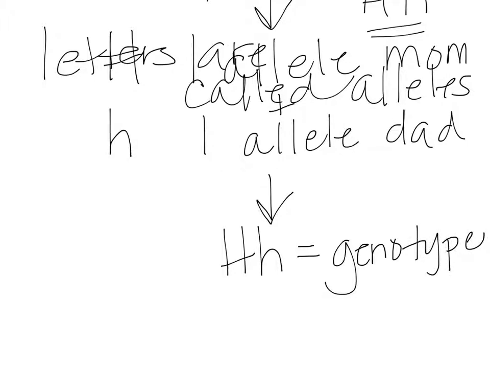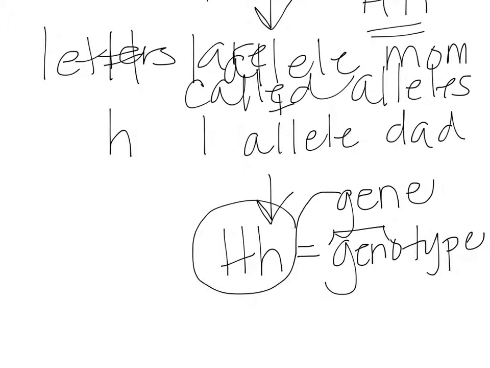A nice way to remember that is that the first three letters in genotype are the same as gene, and that means that the genes that you get from your mom and dad combine to make this genotype.